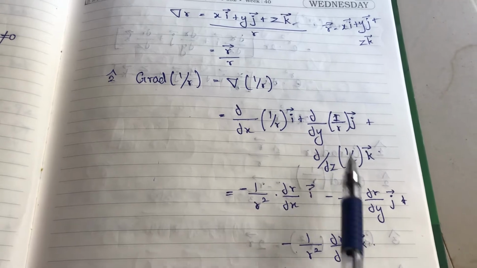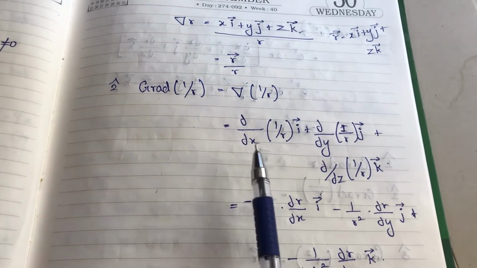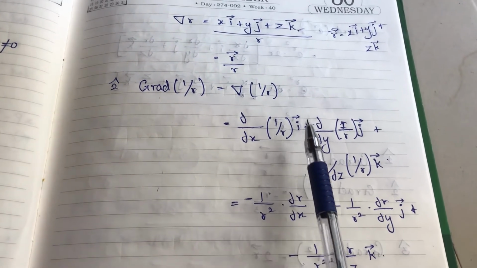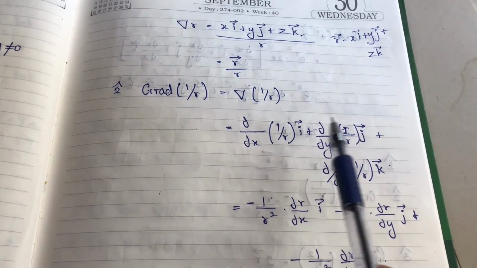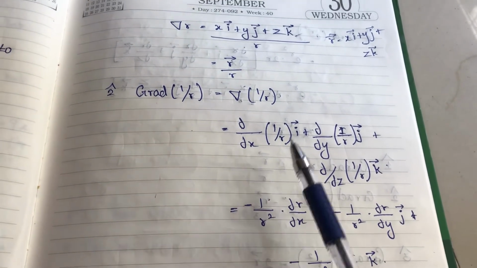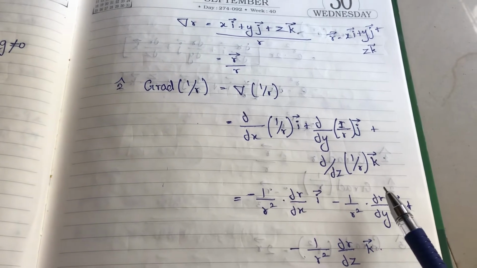This is the function, and this is the vector. So we are differentiating it. The vectors can come in this differentiation only. The differentiation is applicable for the vector only with i, j, k. So dou by dou x of 1 by r into i.